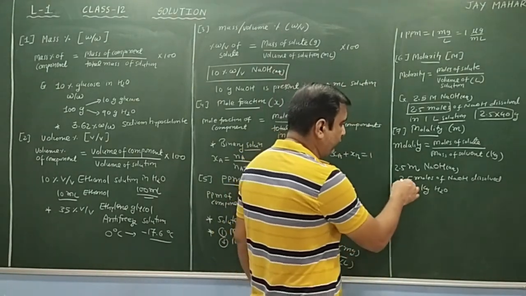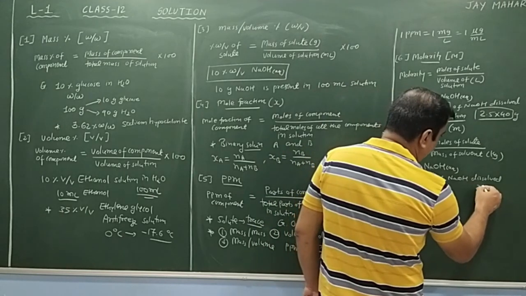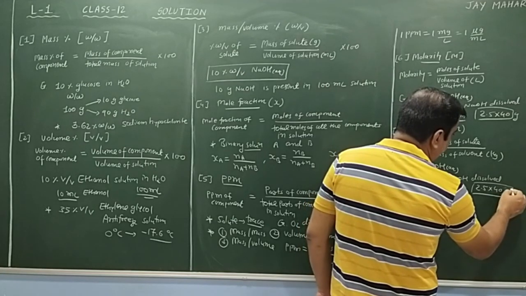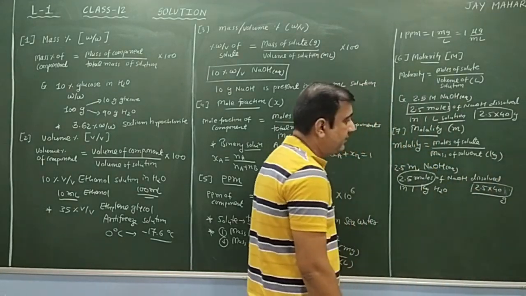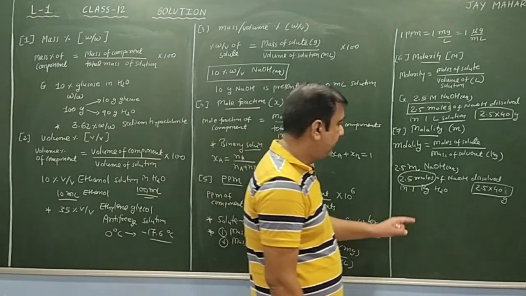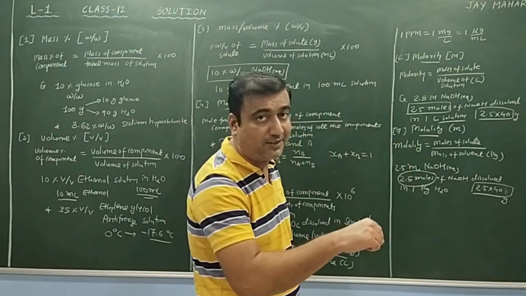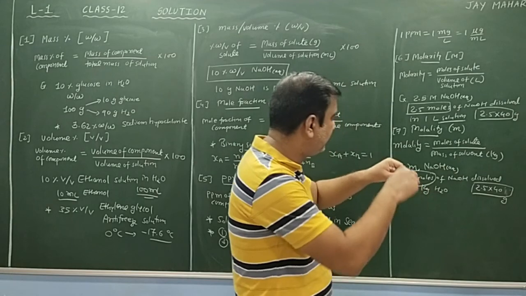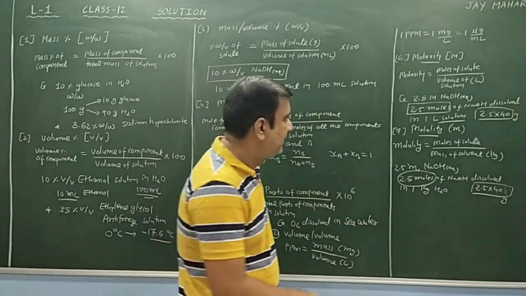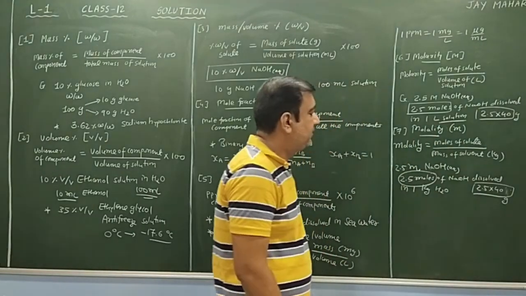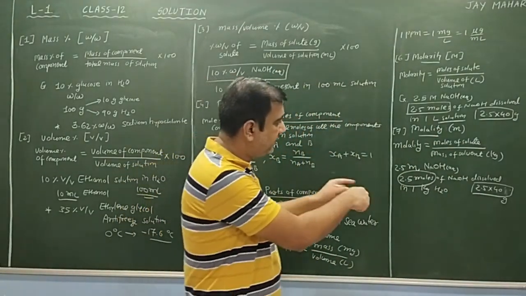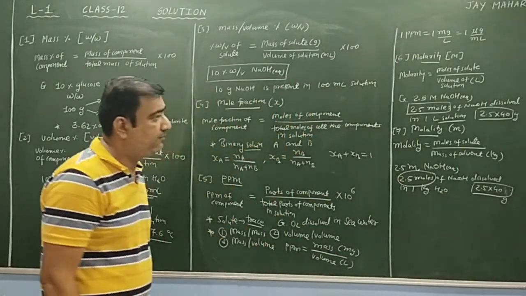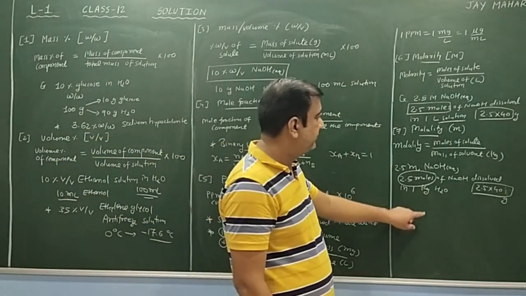The mass is the same: 2.5 moles means 2.5 into 40 gram, that means 10 gram. But it is dissolved in 1 kg water. And in molarity, 10 gram is dissolved in water such that the volume of solution becomes equal to 1 liter. Here it is dissolved in 1 kg of water. So keep this difference in mind.